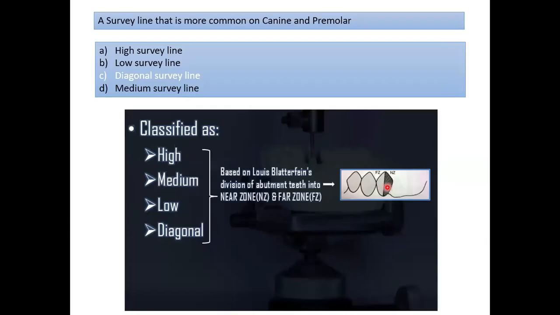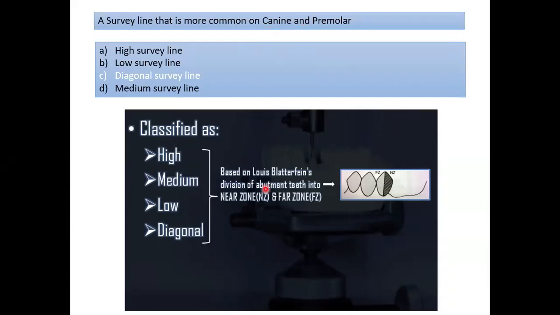That line obtained from that particular tooth with the highest contour is called your survey line. A survey line is more common in canine and premolar. You have different types of survey line: a high survey line, a medium survey line, a low survey line, or a diagonal survey line.